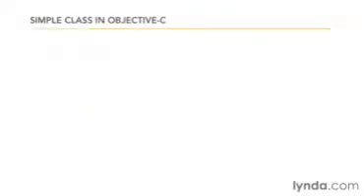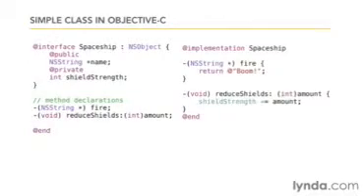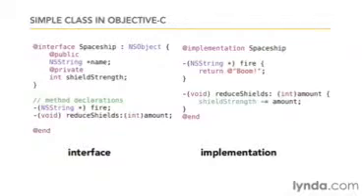Now, Objective-C becomes a bit more complex in that classes in Objective-C, as in C++, are split into two pieces, what's called the interface and the implementation. These are typically held in different files. Now, unlike the other languages we've seen up to this point, Objective-C does not use the word class here, but the @interface and @implementation keywords.